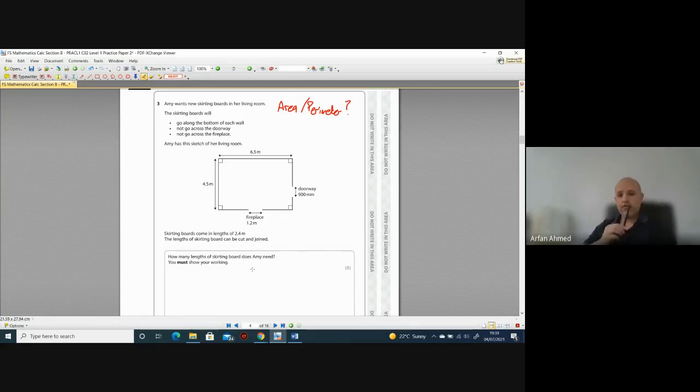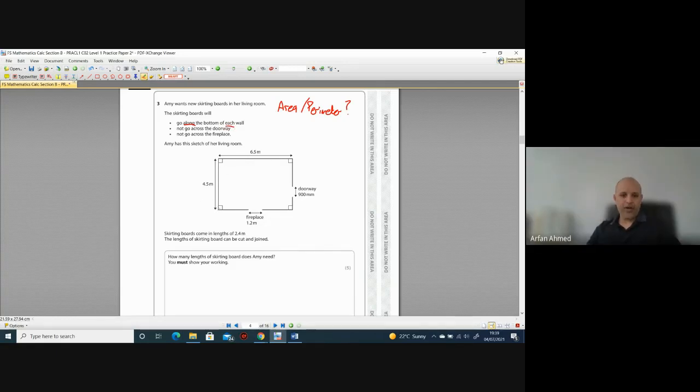Which one is it? A lot of people said area in the class because they've given us a rectangle. Well, it's not necessarily the case that it's always going to be area. Let's look at the clues. What are the clues in the question? Where is the skirting board that they're talking about? Where is it going? It goes along the bottom of each wall.